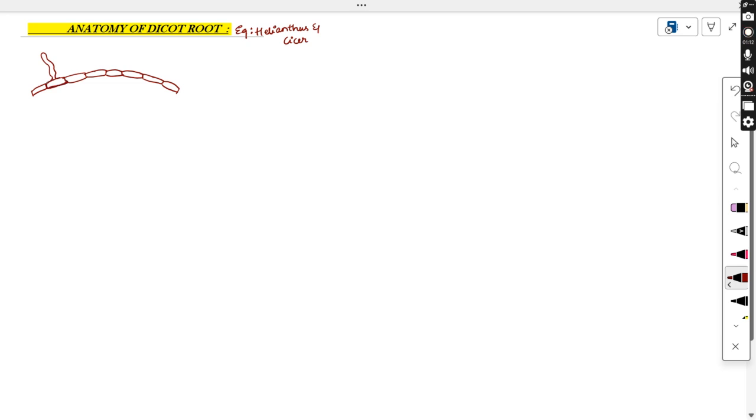As we know, the main function of the root is to absorb water from the soil. So all the water and minerals will be absorbed by the root hairs, which are the extending growths of this epidermal layer. Let us see: this layer of cells is the epidermis, and the outgrowths of this epidermis are called the root hair.